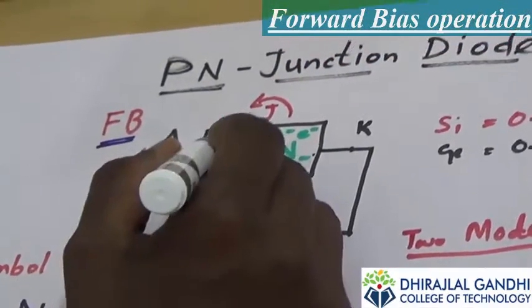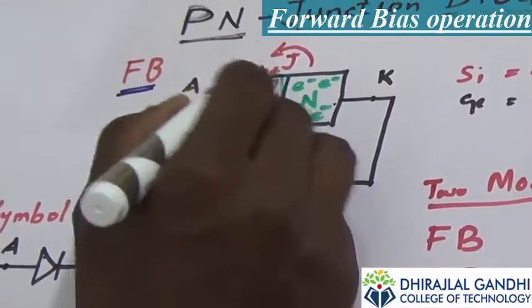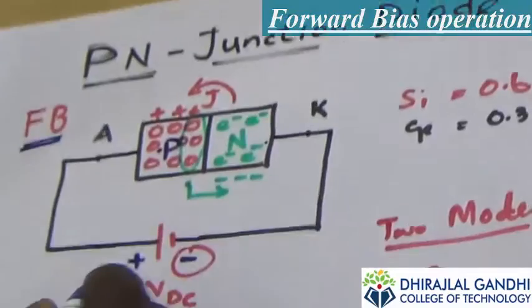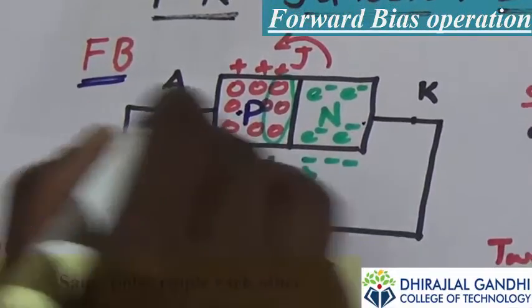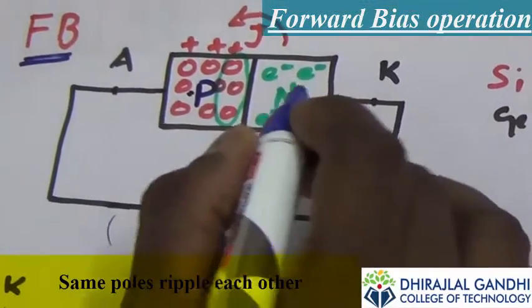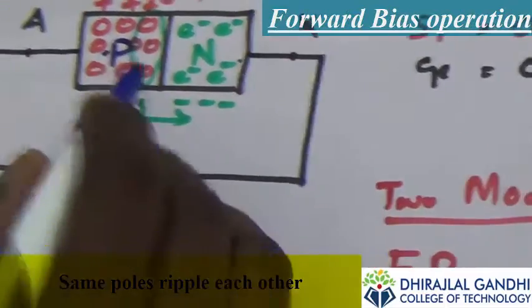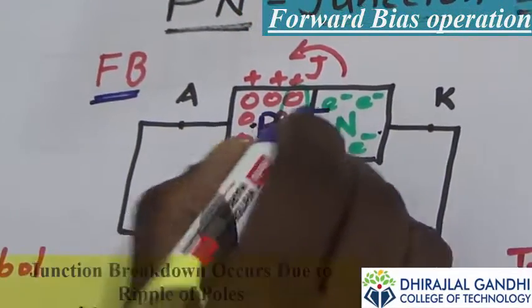So the positive plate already has holes, positively charged particles, and the terminal of the voltage is also positive, therefore the polarities are the same. Due to the same polarity, the junction breaks down.